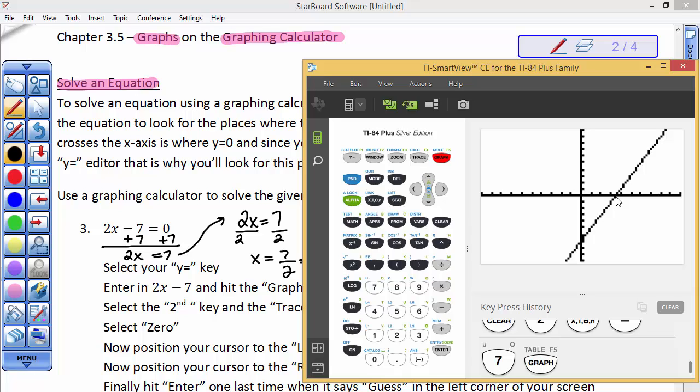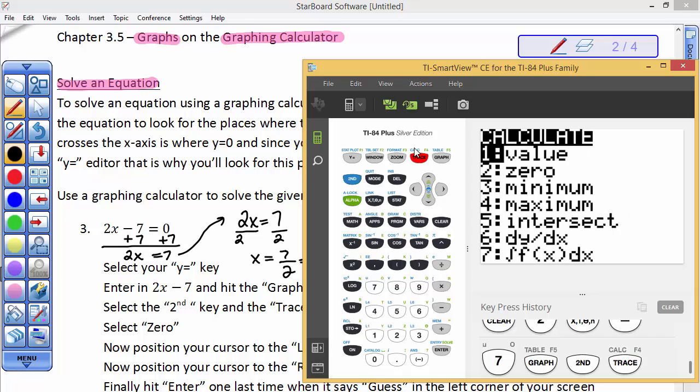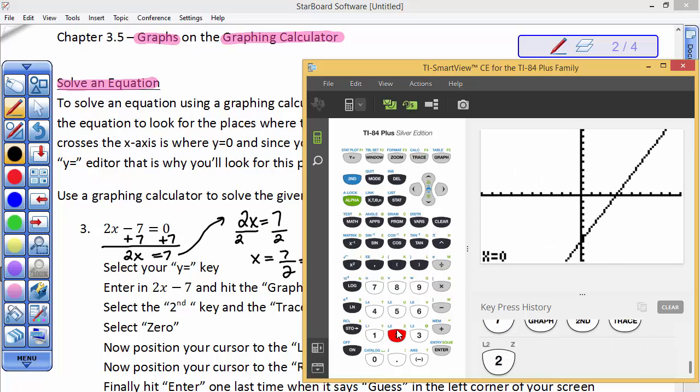So first of all, let's go ahead and do that. If I go second and trace key or calc, I want to find what's called the 0 of the function, because this was 2x minus 7 equals 0, not y, but 0. The calculator asks me for a left boundary of this point.